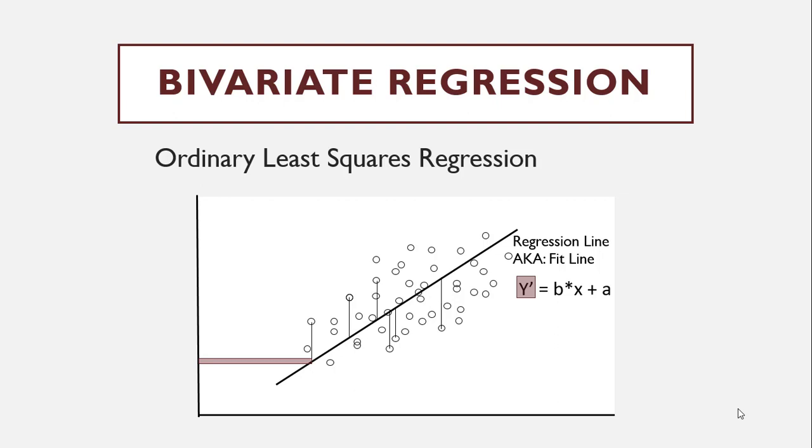In fact, for this individual, their value on y is higher than that, and that is the residual. So we have y prime, which is where the line is for that score on x, and then we have the actual individual, and the residual is basically the deviation of y around y prime.